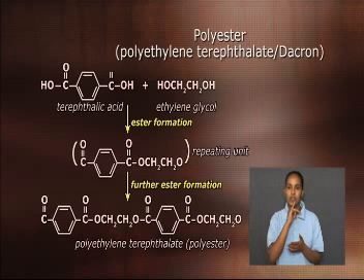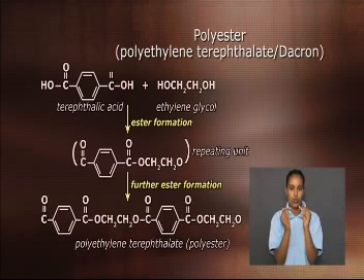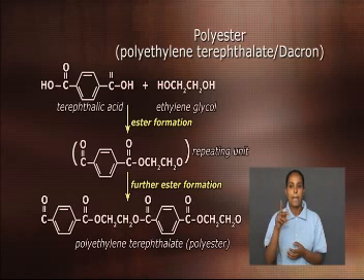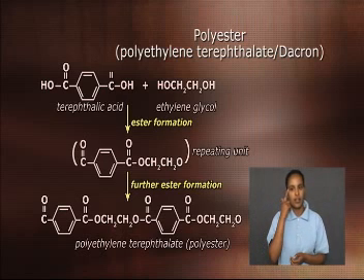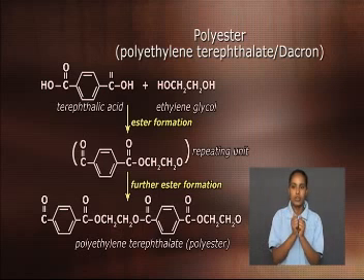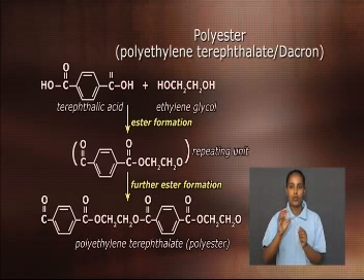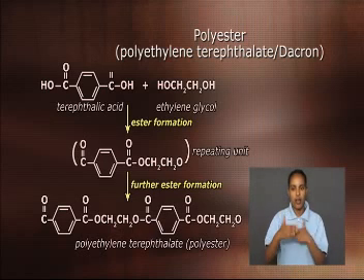This is the chemical equation for the most common type of polyester. As you can see, terephthalic acid is condensed with ethylene glycol to form the ester. The ester is then polymerized to form polyester.